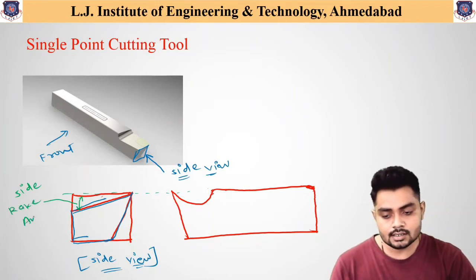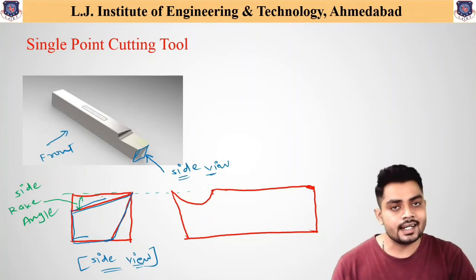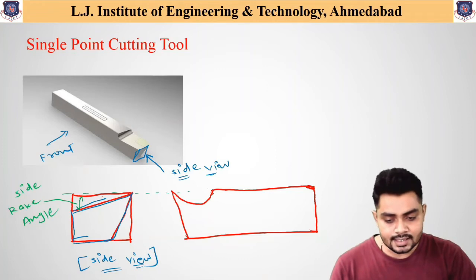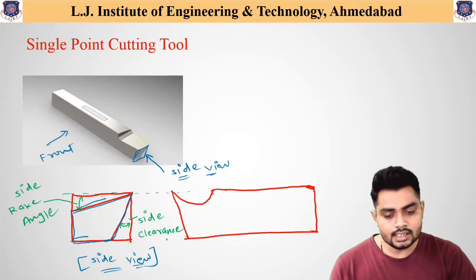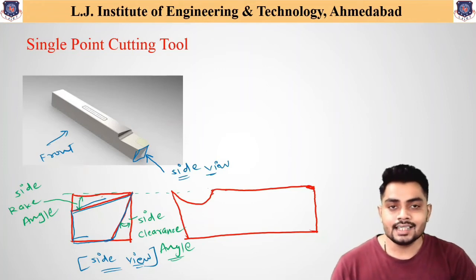So it is another important angle, which is known as the side rake angle, and similarly this flank makes an angle with this inclined line, and this angle is called as the side clearance angle. So these are the two other important angles that are required for proper machining operation.